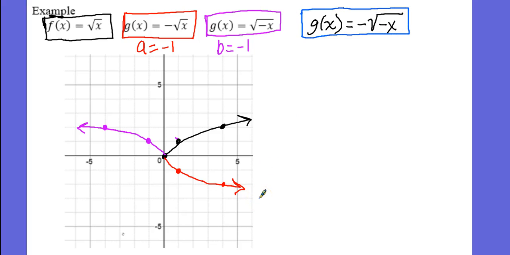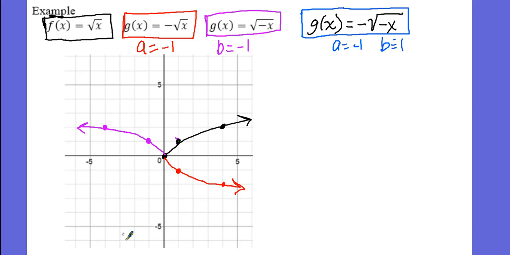All right, so let's do this last one here with the double negation, where A is -1 and B is -1. Now, we've already graphed both of these, right? Usually, we'll do the horizontal move before we do the vertical move because we work under the grouping symbols before we work outside the grouping symbols according to the order of operations, right?